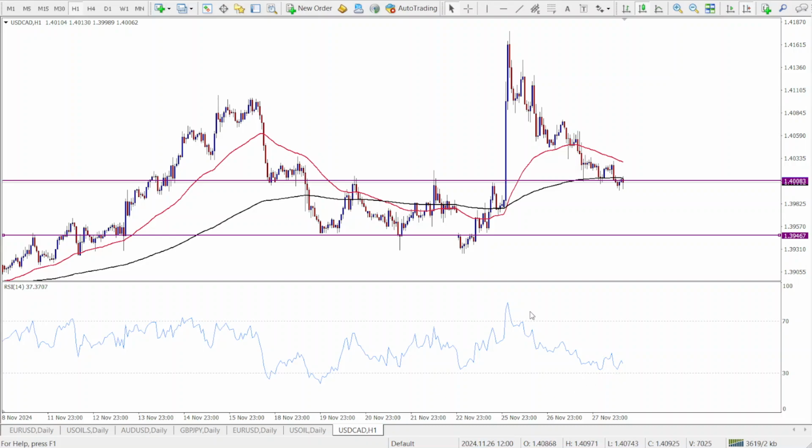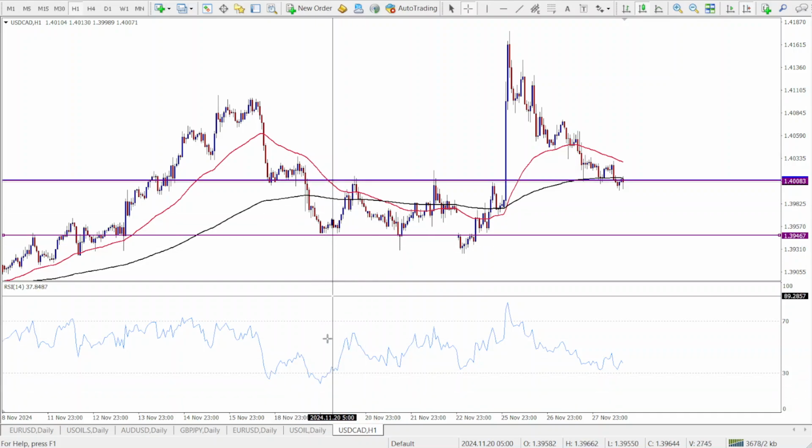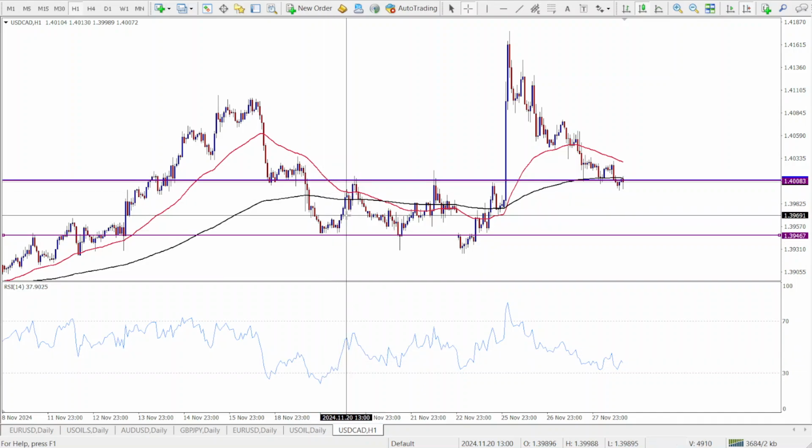If the RSI crosses above 70, the pair might be overbought, signaling a potential reversal or pullback. As we can see, when the indicator entered overbought territory, shortly afterwards we had a reversal to the downside. And when the RSI crosses the 30 level, it's oversold, which could indicate that the price is about to bounce back up. You can see in this example that happened.